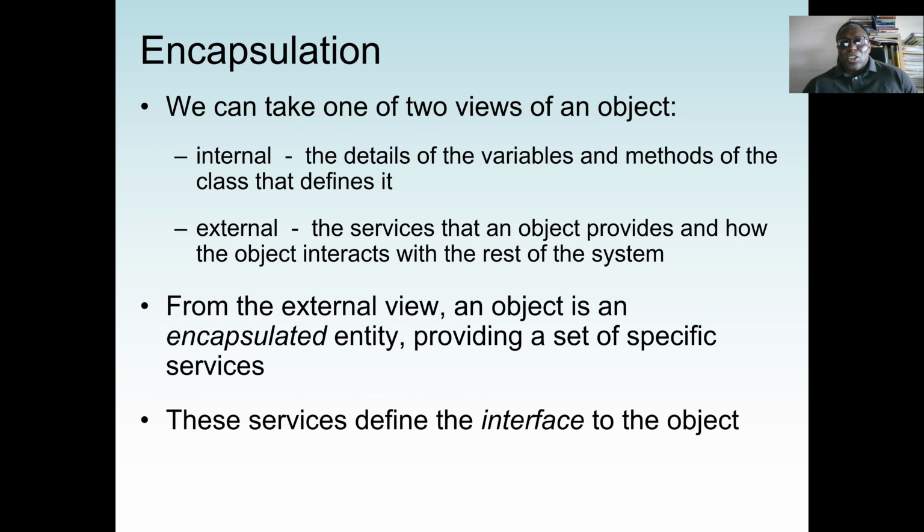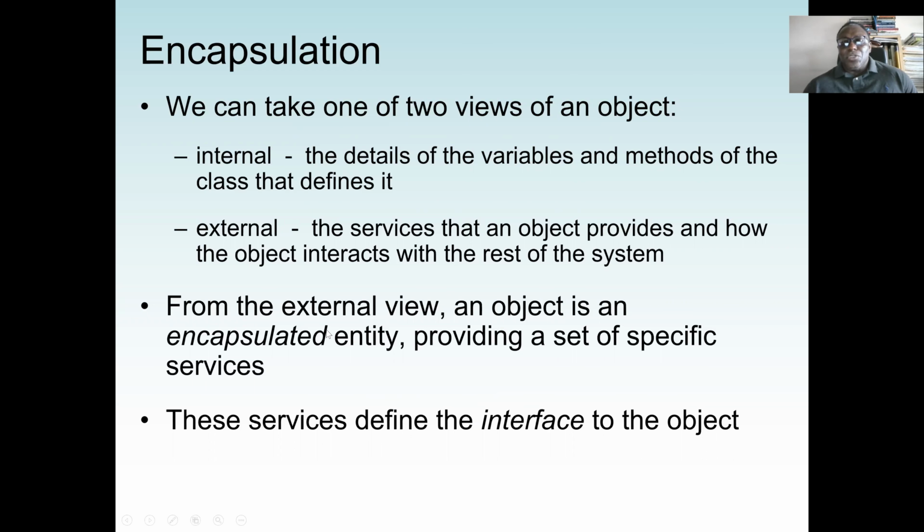The external view of an object is the services that the object provides to other objects or other items in the system. The system here means the program. Maybe we have a program with more than one class, and these classes may interact.